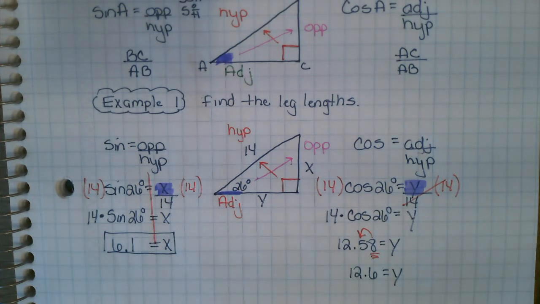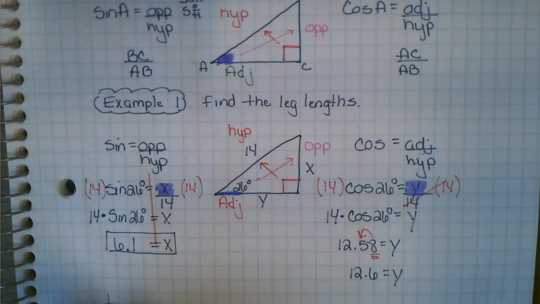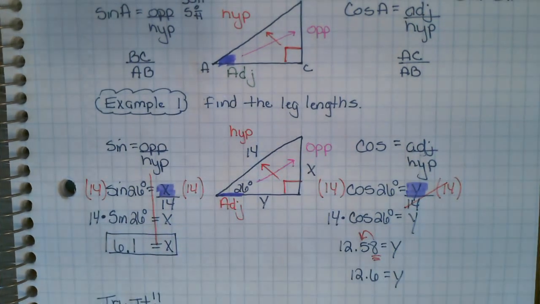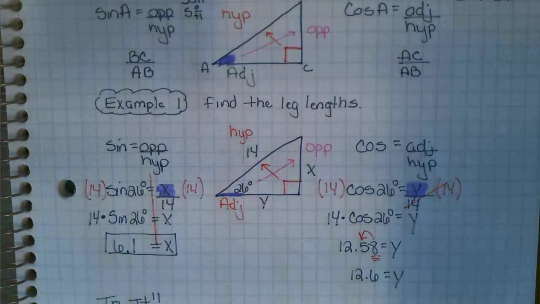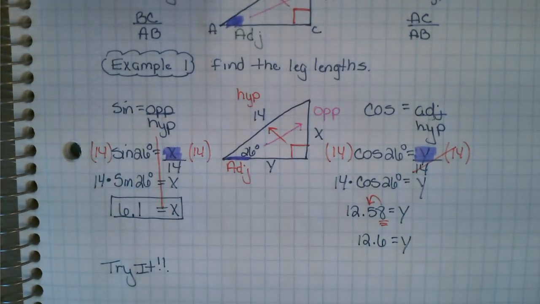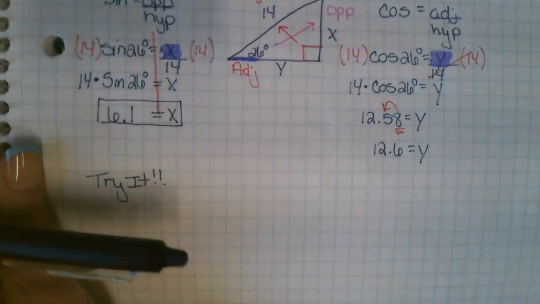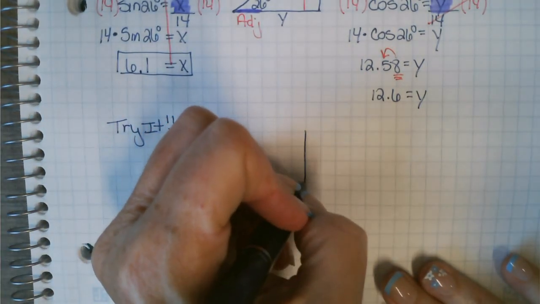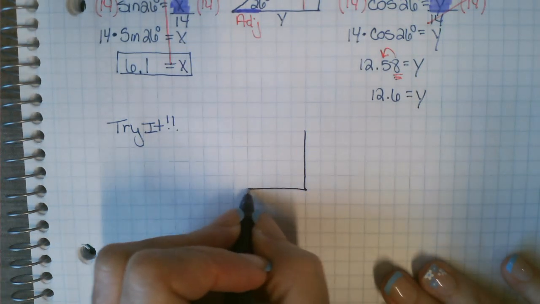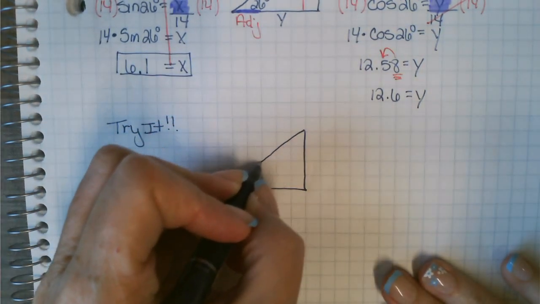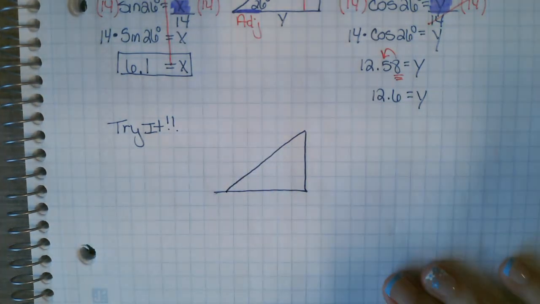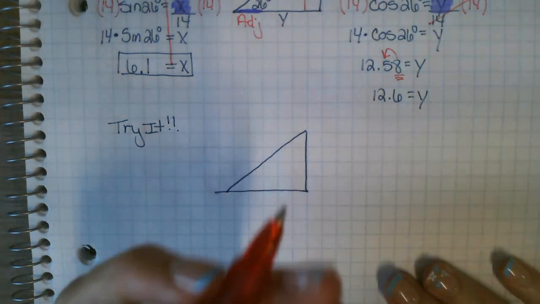Alright, we're going to do a try it. So again, we're using one triangle. I'm going to draw the triangle first, and put my right angle.